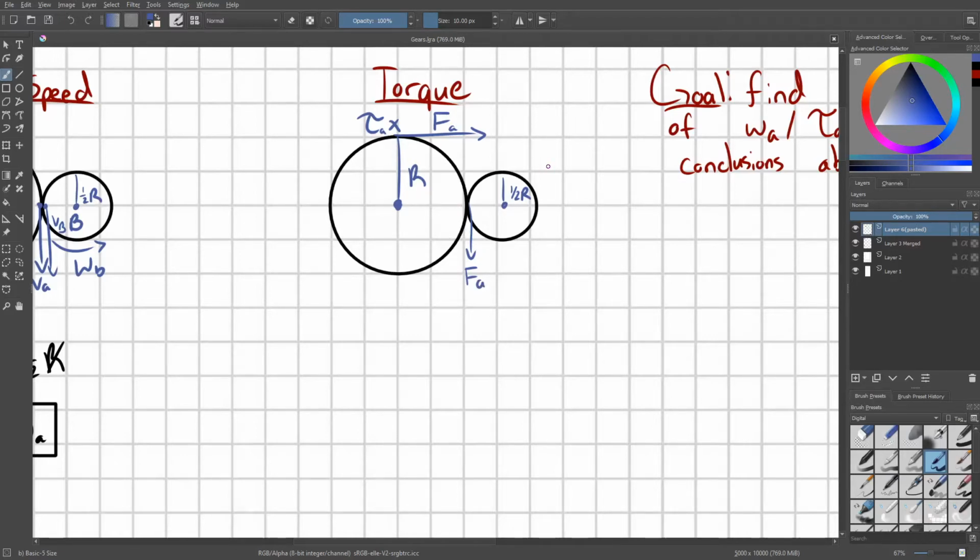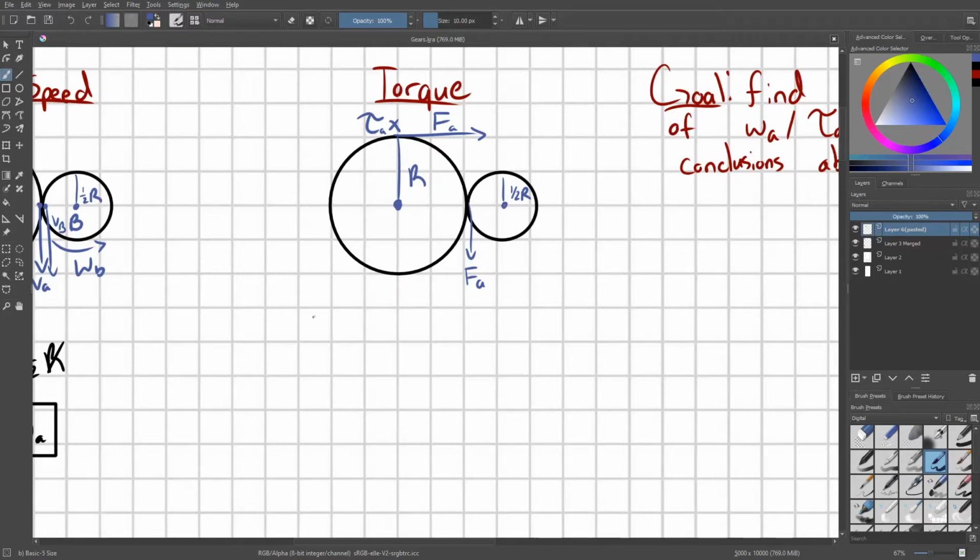Assuming that you're not losing any energy in friction, then these forces will be equal to each other. However, once again, the radii between these two gears are different, which is going to generate our difference in torque.